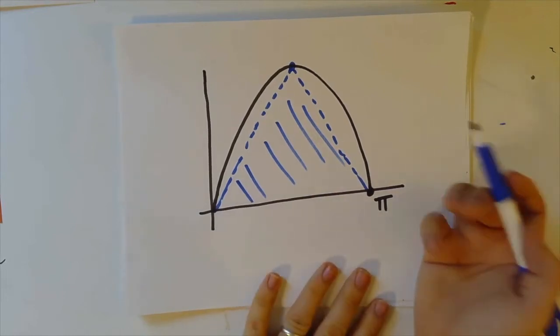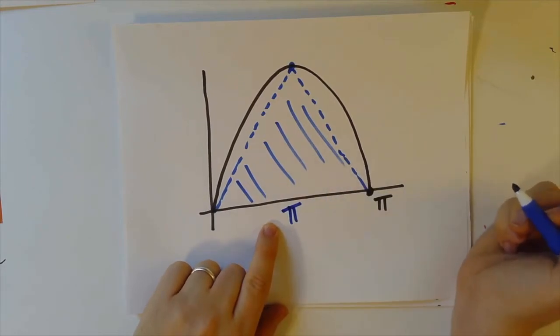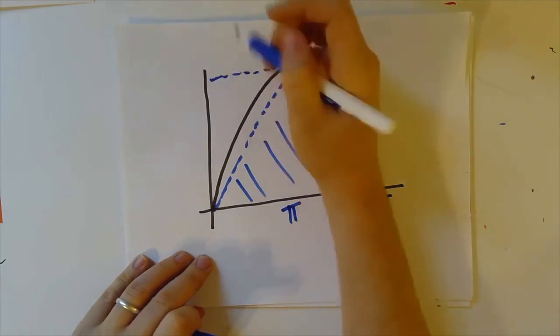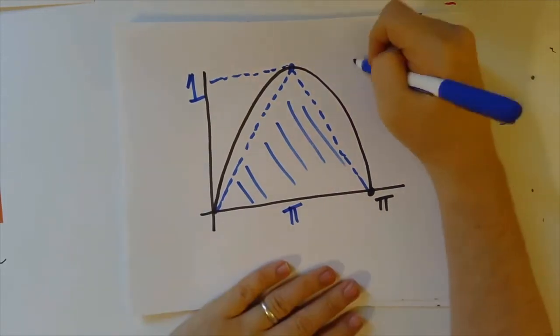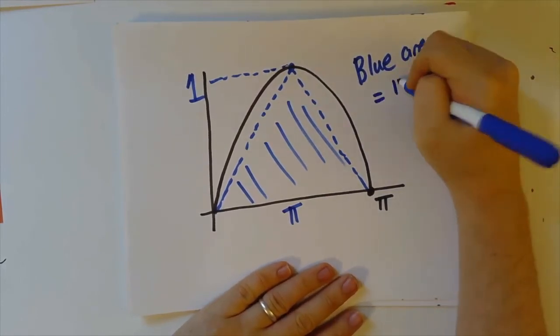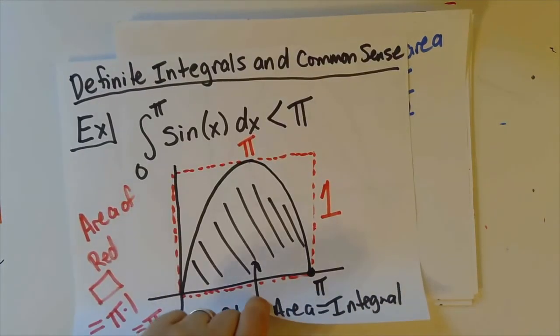What is this blue area? Well, it's pi wide, and it is still 1 high, because I'm still grabbing this from the highest point on a sine graph. The blue area is a triangle, so it is 1/2 of pi times 1, which is to say the blue area is pi over 2. That pi over 2 is less than the area of the black region represented by the definite integral.